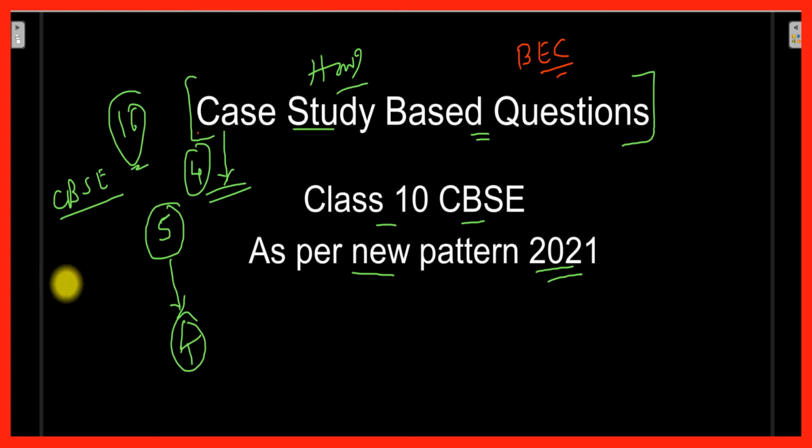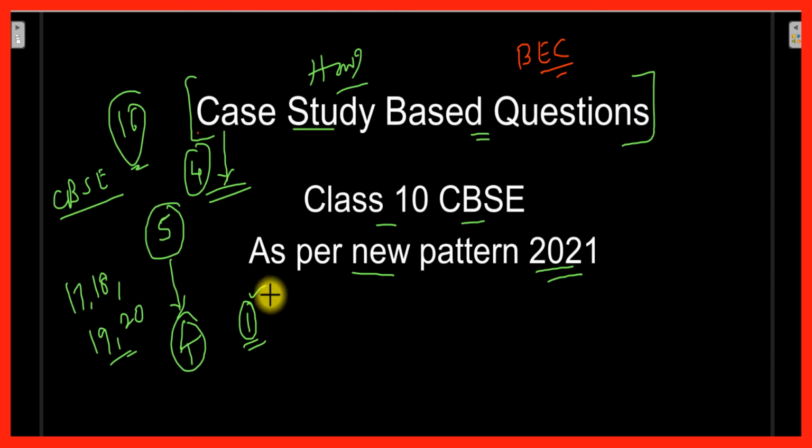Questions 17, 18, 19 and 20 will be case study based, and each question will carry 1 mark. It means this is the MCQ type question only. You just have to understand the case and start answering the questions that are being asked.